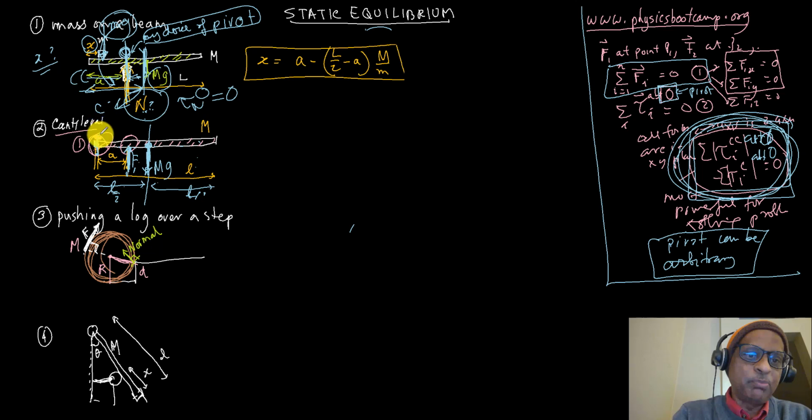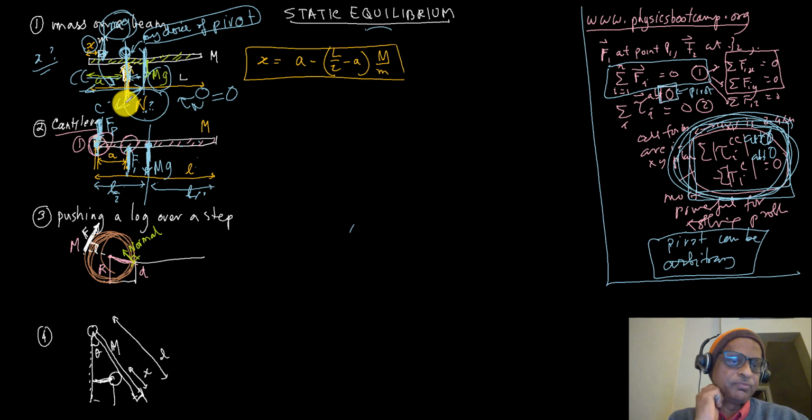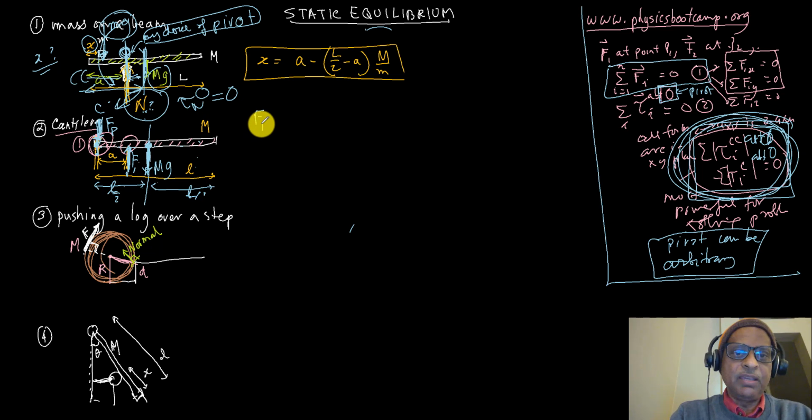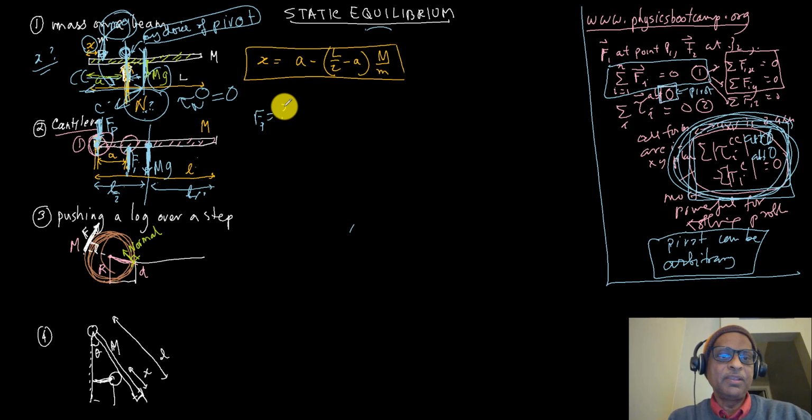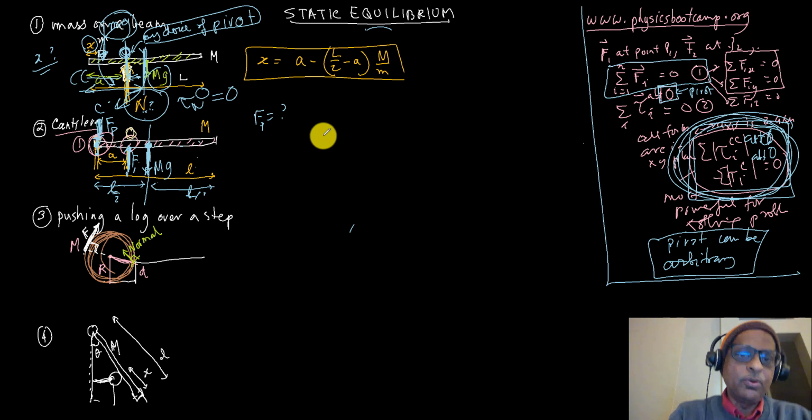So the pin will be pushing it down. Okay, I think that's all the forces. I don't know F1, I don't know FP. Say what's FP going to be equal to? Well, I don't need to know F1, so I'm going to use this as O.